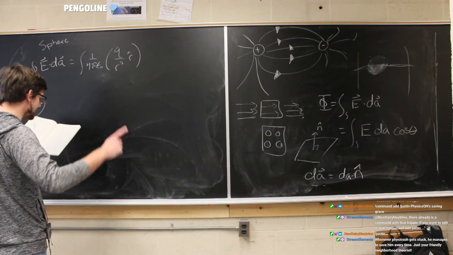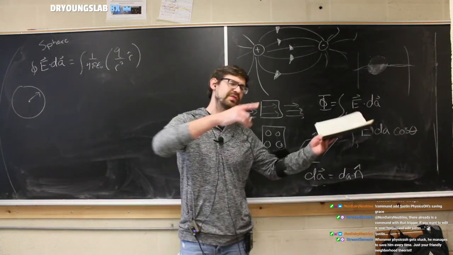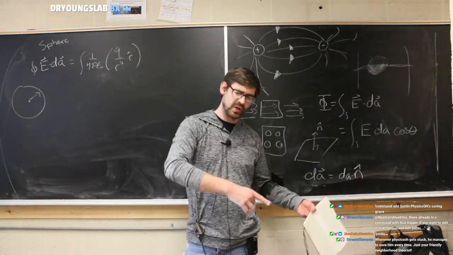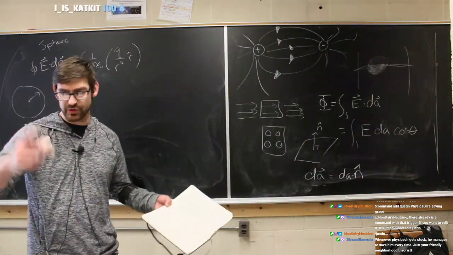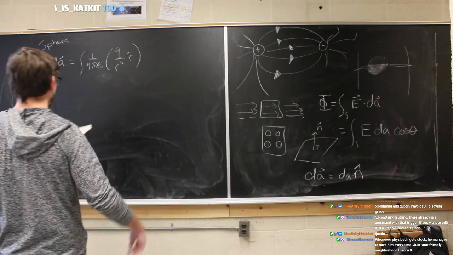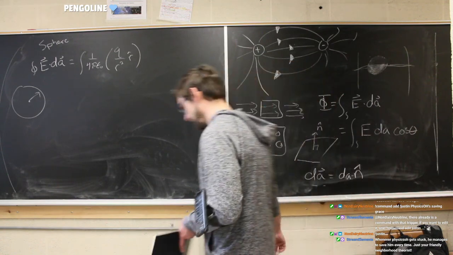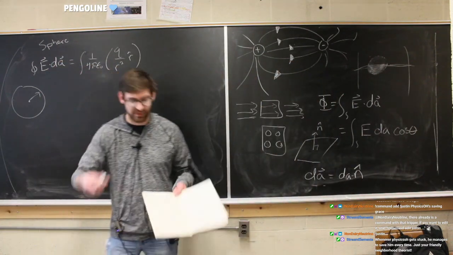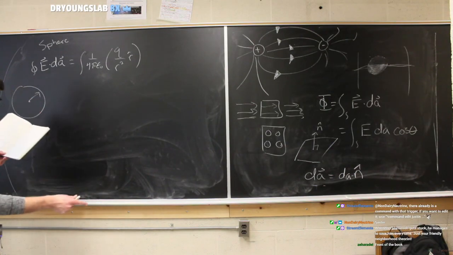You can write dA in Cartesian coordinates or polar coordinates or spherical coordinates or cylindrical coordinates. In Griffiths' covers, I don't remember if it's the front or the back, it tells you each substitution to make depending on the circumstances. So we're doing a sphere, so we want spherical coordinates. So that's important to have for our dA.